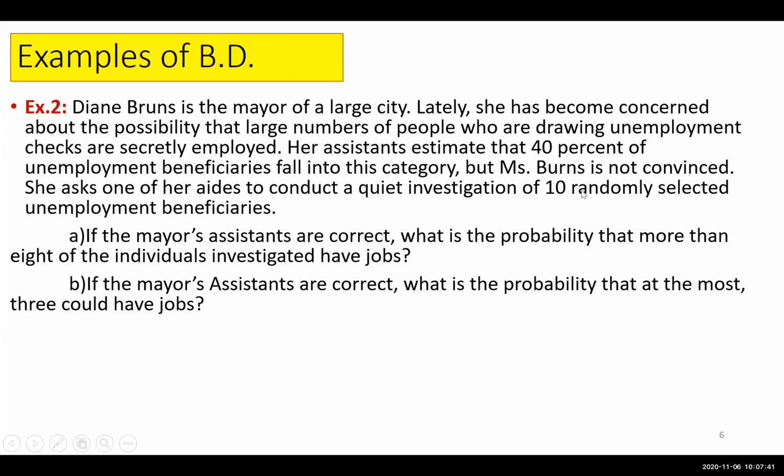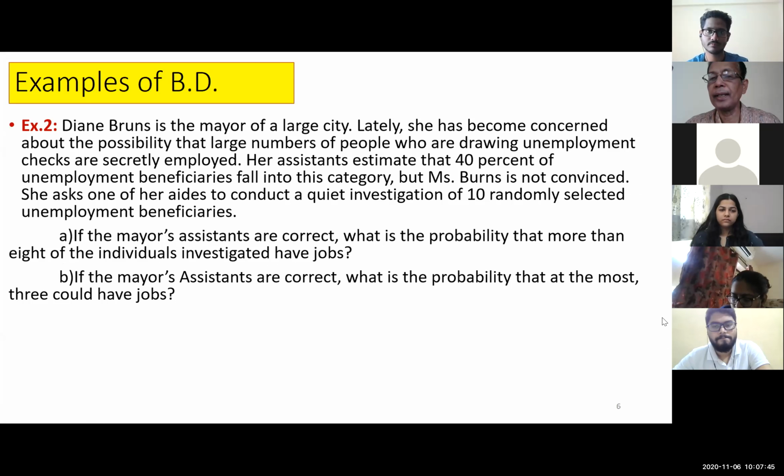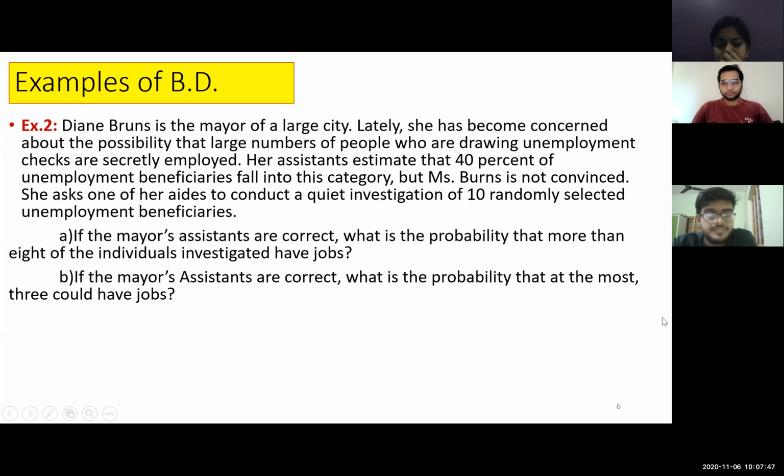Okay. Now the next bit should be answered by Ashutosh Samal. You are there, Ashutosh? Yes, sir. Yes, tell me. At most 3 could have jobs. Means maximum 3. Our range would be 0, 1, 2. Yes, 0, 1, 2, 3. Will 3 be there or not?